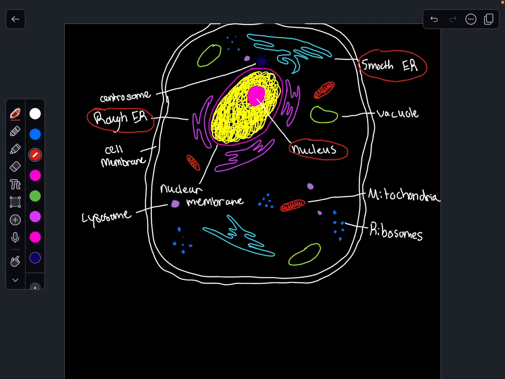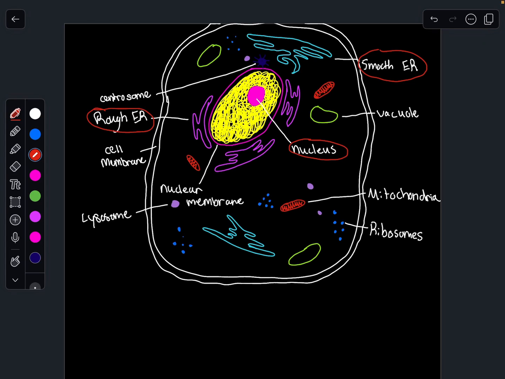They both look rigid, but the rough ER contains ribosomes on its surface and is for protein synthesis and modifications. But the smooth ER lacks ribosomes, and it's for lipid synthesis, detoxification, and calcium storage.